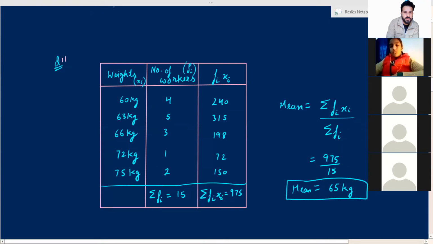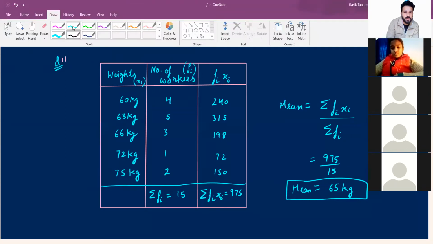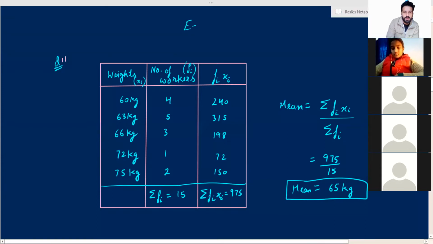Yes, sir. Done question 11. My answer is 65 kgs. Absolutely right. So what we have to do in question 11, you will write the data in the form of a vertical table, not a horizontal table. In the book, it is given horizontal, but when you write the data in your copies, you will write it in the form of a vertical table.